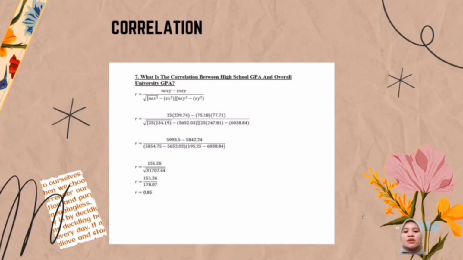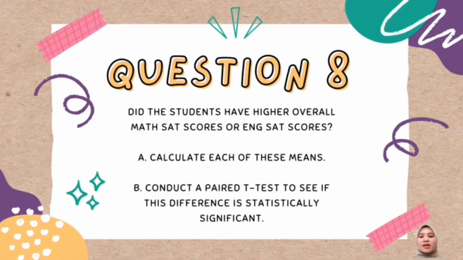It is a common tool for describing simple relationships without making a statement about cause and effect. We calculate the correlation by the formula given, so the answer for the correlation between high school GPA and overall university GPA is 0.85.